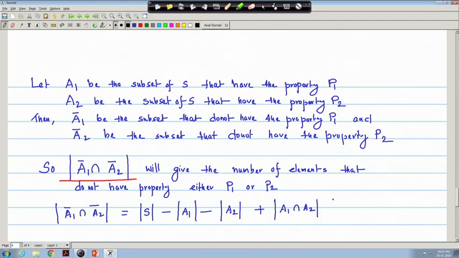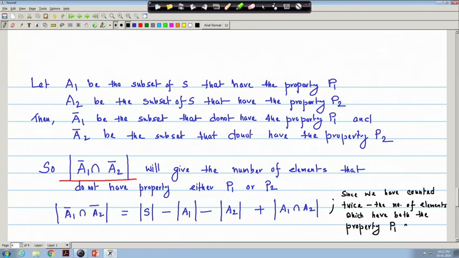Why have we done this? Since we have counted twice the number of elements which have both the properties P1 and P2, once in A1, once in A2, that is why we have added the intersection of A1 and A2.